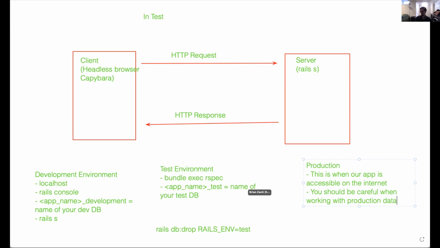We're just going to have these three environments. In our production database, the convention is that the app name is the name of your production database. So if we're creating an adopt-don't shop, that database will be called adopt-don't shop.